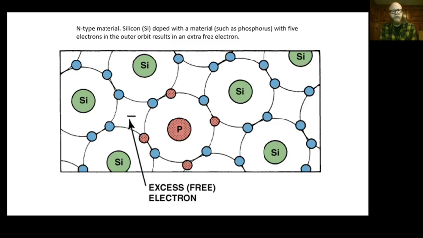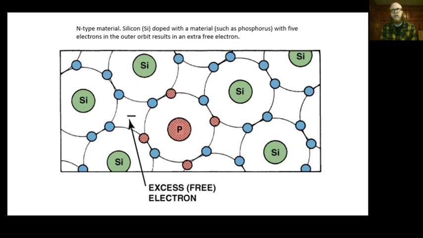The interesting thing about this is because the maximum number of electrons that any one atom can have in that outer ring is 8, if I've got phosphorus surrounded by a bunch of silicons, and the silicons are all trying to share with each other like nice little semiconductors often want to do, then what ends up happening is there's one electron that's often misplaced or free, as shown in this diagram here. That doesn't mean that this N-type semiconductor material is going to flow electricity all by itself. It's not. It's still an insulator at this state because we're sharing all of these electrons in the outer rings.